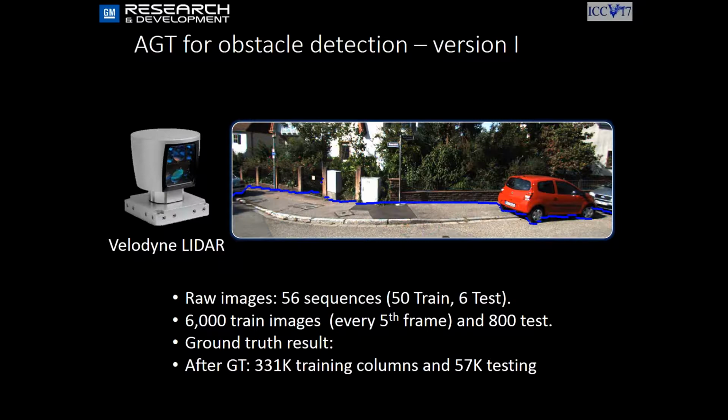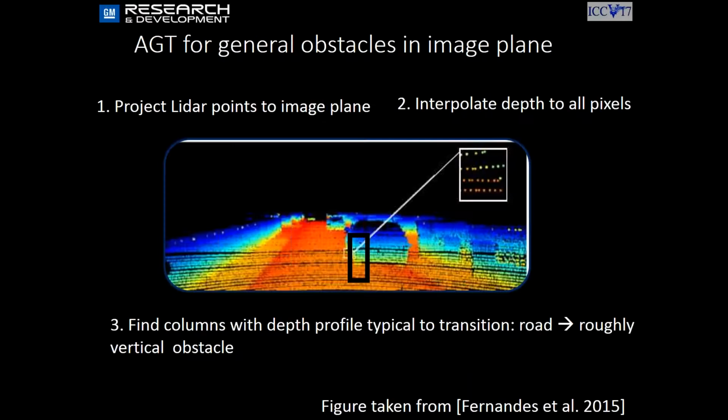It basically contains 6,000 images and 800 test images. And from this data, we automatically get over 300,000 training columns in each image and about 60,000 for testing. So how do we do it? We actually started with a very, very simple algorithm in which we project the LiDAR points onto the image plane.